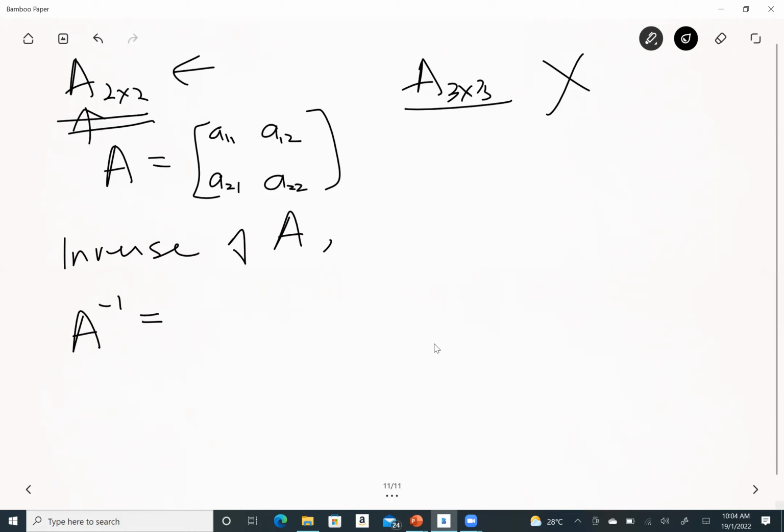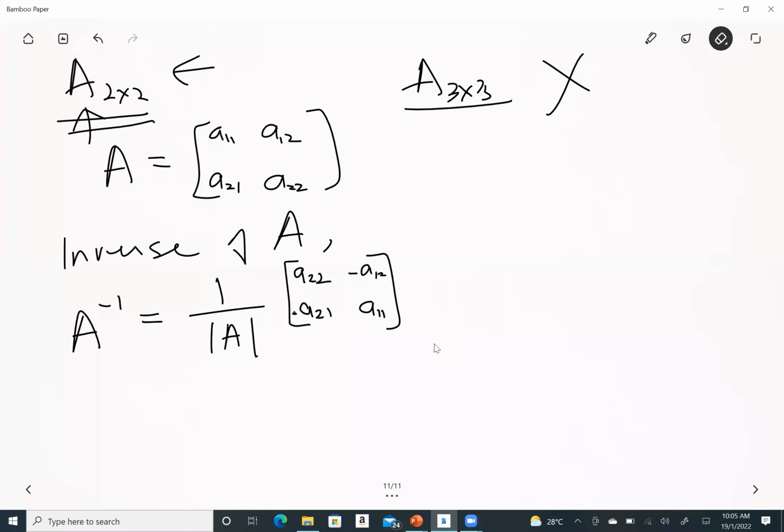The inverse of A will be equal to 1 over the determinant of A, multiplied by the matrix A with some adjustment. You switch the elements A11 and A22, and then for A12 and A21, you put a negative sign.